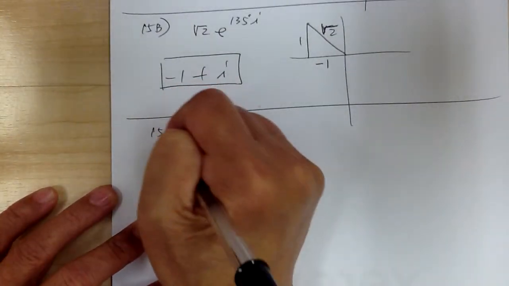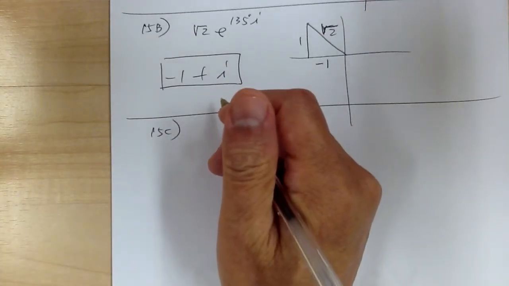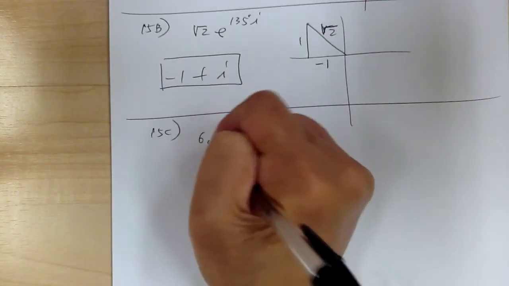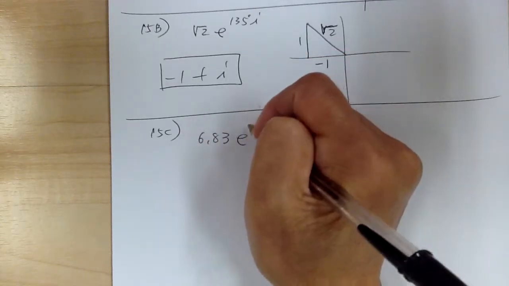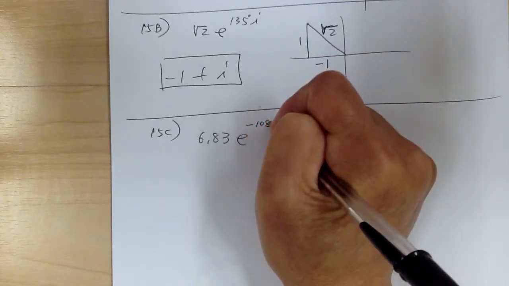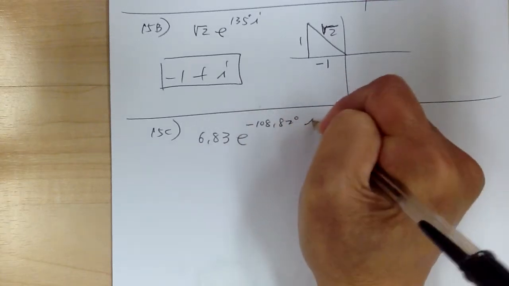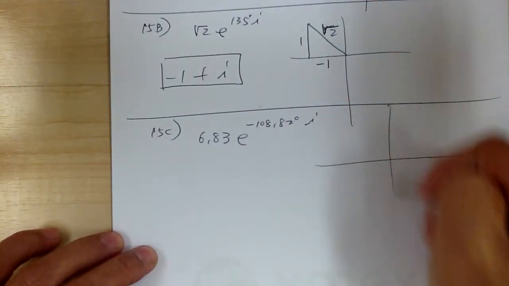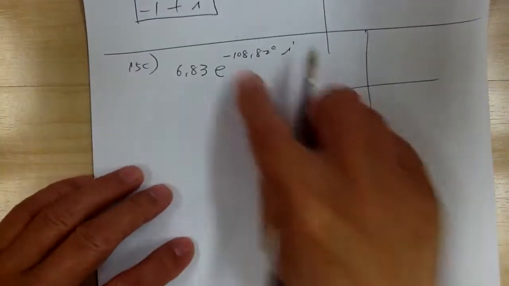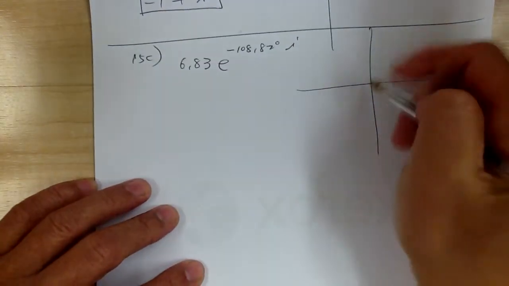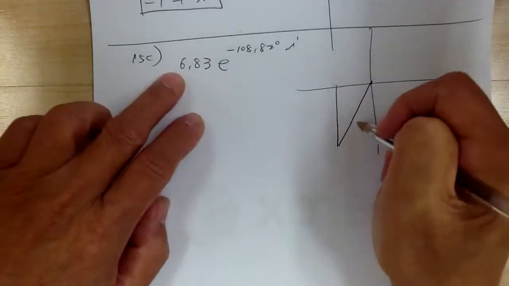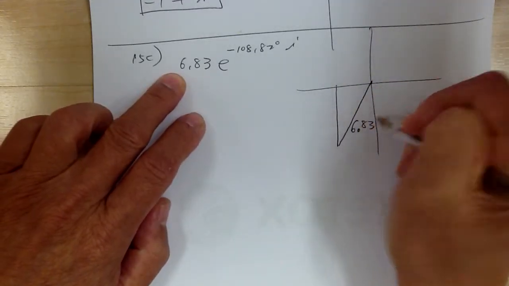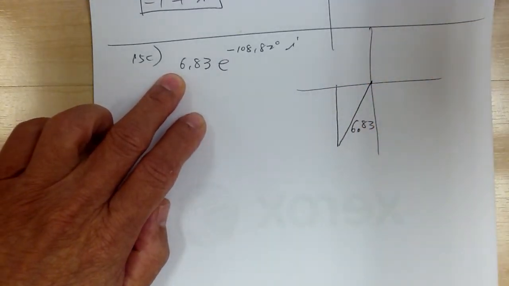Okay, let's go to 15c. You have 6.83 e to the negative 108.82 degree i. So negative 108 is about right over here, and the hypotenuse is 6.83.